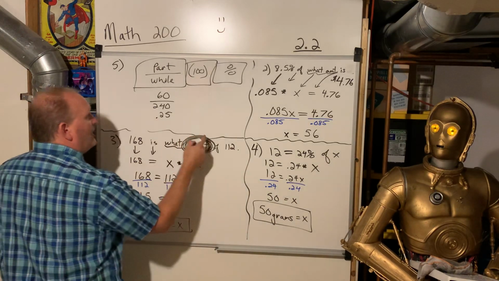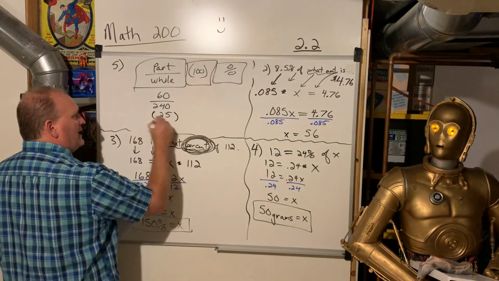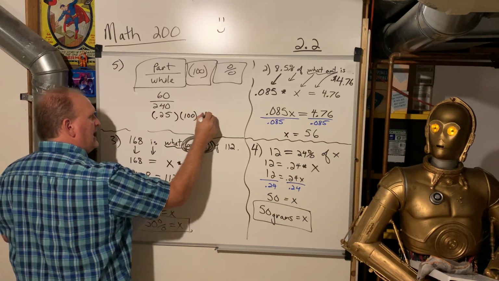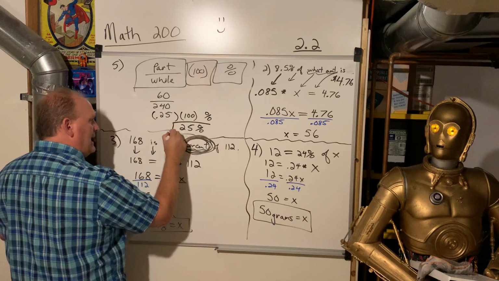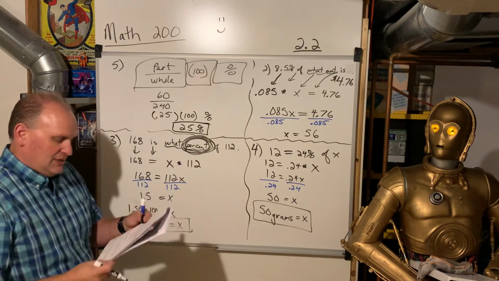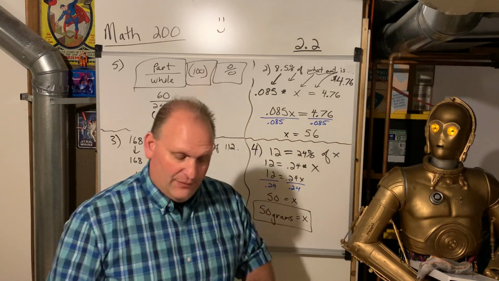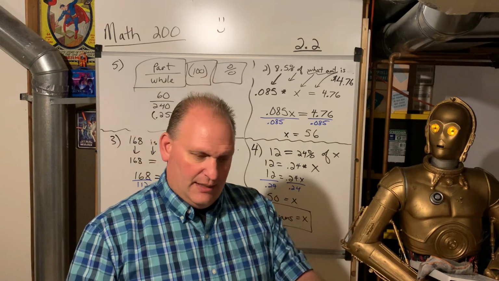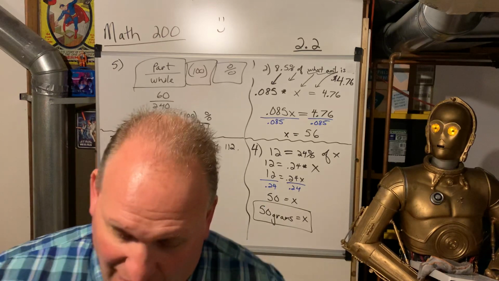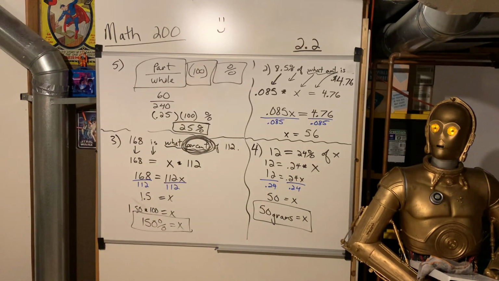So 0.25, we're going to multiply that by 100 and then tack the percent sign on it. So that's 25%. That should be the correct answer. So I will amend both of those answers and repost those notes. All right. We'll do 2.2 part 2 next.